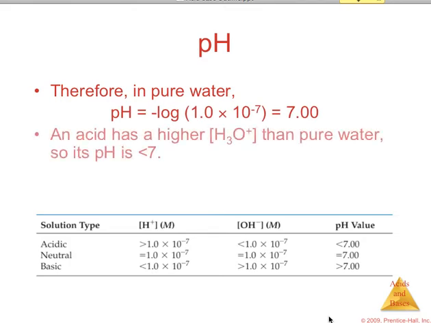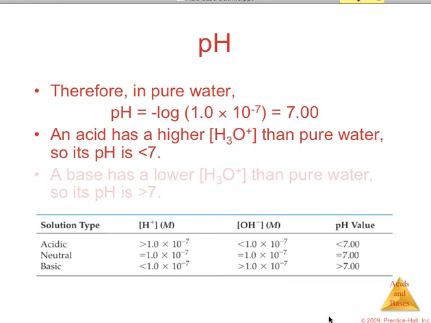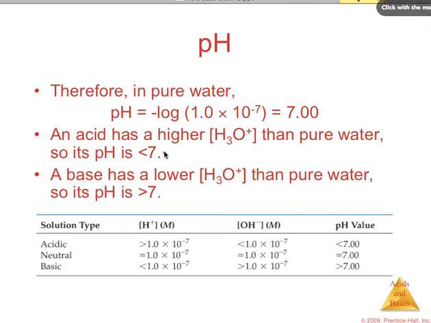If the acid has a higher concentration than pure water, its pH will be less than 7. If it has a lower concentration of the hydronium than pure water, then its pH is greater than 7. And as you hopefully know, this is termed acidic, and this is termed a basic solution.